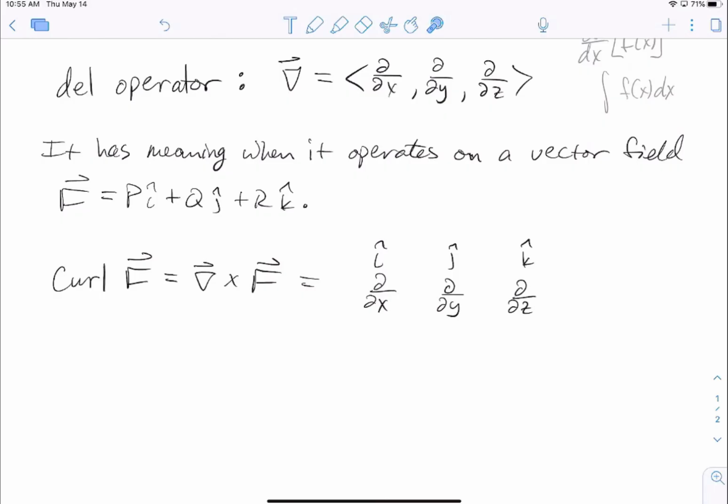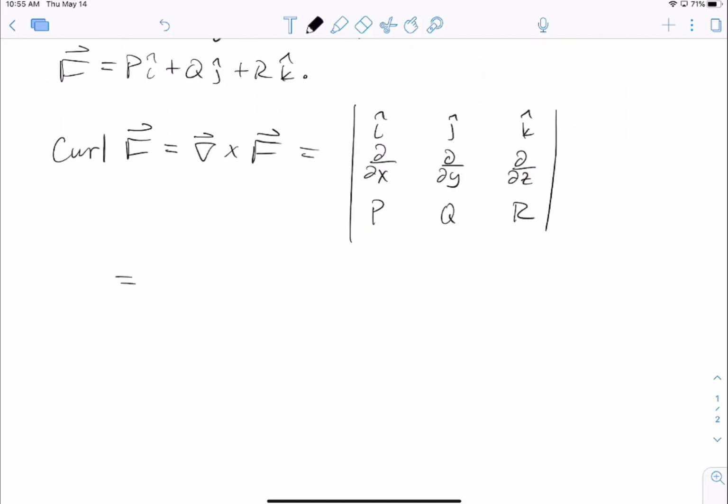And then the third row comes from the components of F, which is P, Q, and then R. We compute this the way we would compute any determinant. So we cross out the row and column that contain i, and then what's left is a determinant that we compute, but it tells us what the partial derivative operators are acting on.